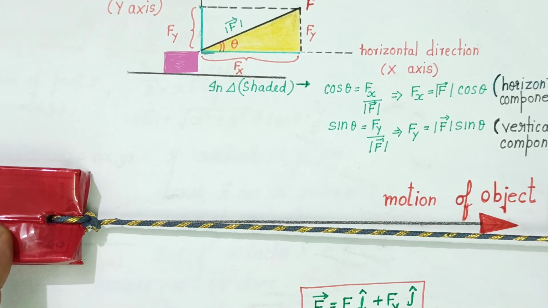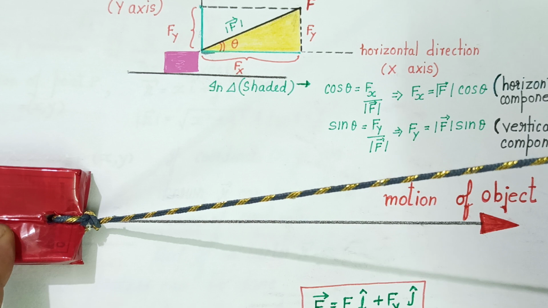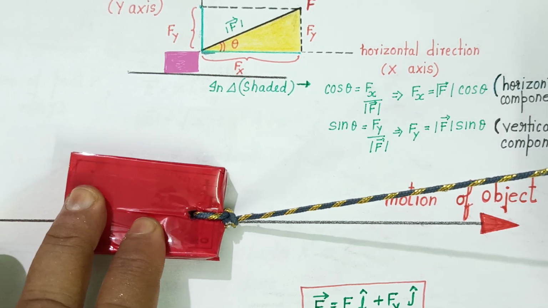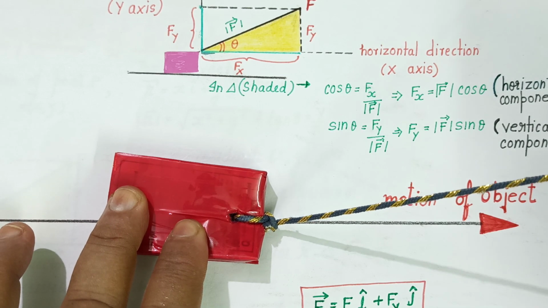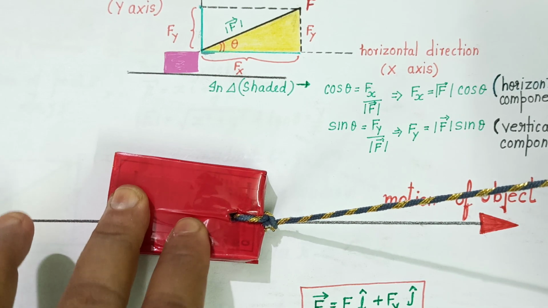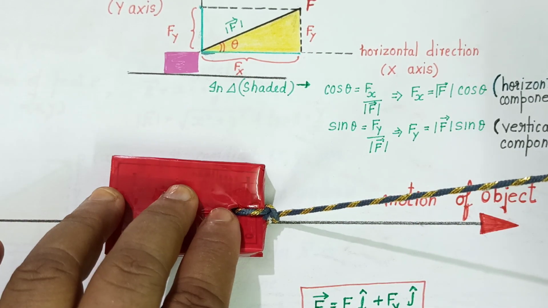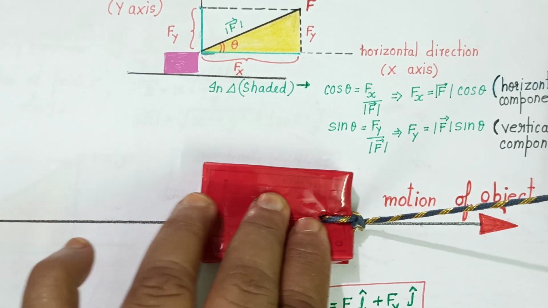But if I apply my force at some angle, then also this object is moving in horizontal direction along the arrow. But I am applying my force along this thread. So why is this object moving along the arrow?